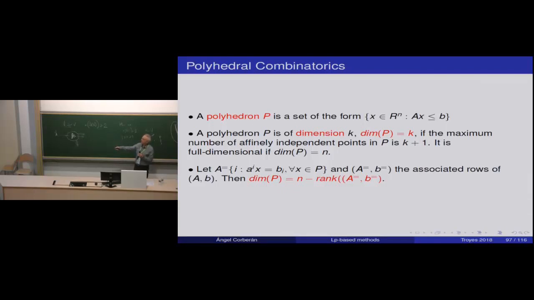So the dimension is the number of affinely independent points minus 1. Maybe some of you are thinking, why talk about affinely independent points? Why not talk about linearly independent and so on? I will show you why.